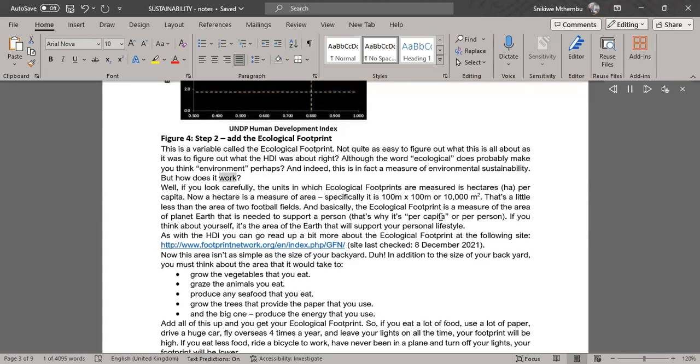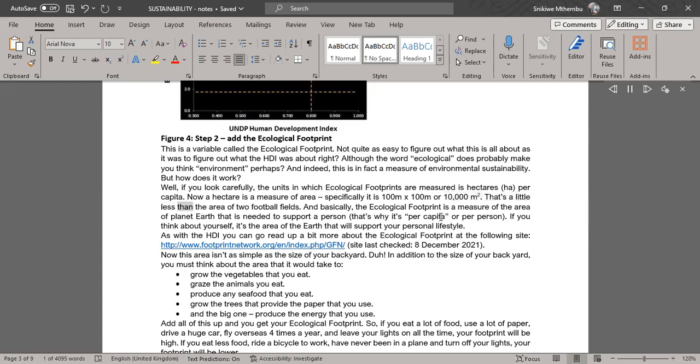But how does it work? Well, if you look carefully, the units in which ecological footprints are measured is hectares, per capita. Now a hectare is a measure of area, specifically it is 100 x 100 m or 10,000 square meters.